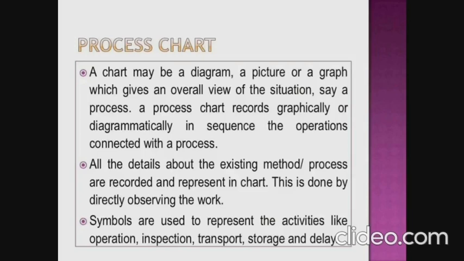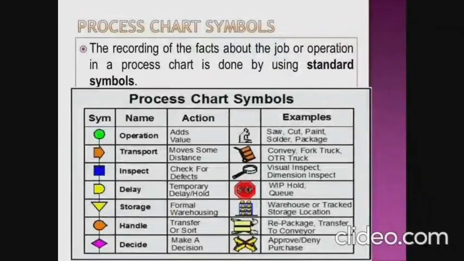Now we see process chart symbols in the next slide. The recording of the facts about the job or operation in a process chart is done by using standard symbols. First symbol is the operation, denoted by a circle. Second is the transport, denoted by an arrow. Third one is inspection, denoted by a square.